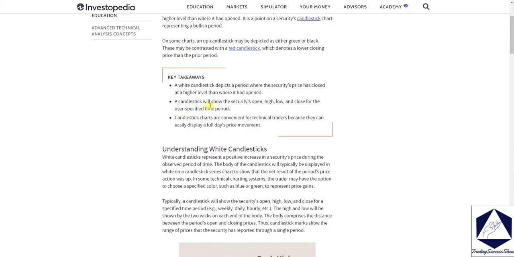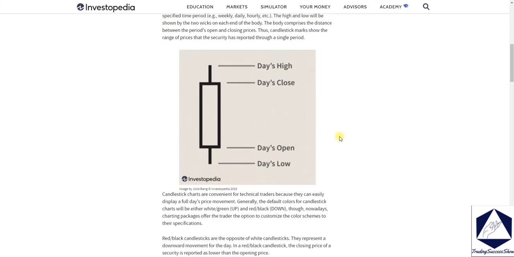A candlestick will show the security's open, high, low, and close for a user specified time period. What do they mean by user specified time period? It can be the 1 minute chart, 2 minutes chart, 3 minutes, 1 hour, 4 hour, daily, whichever you refer to as your user time period, right?